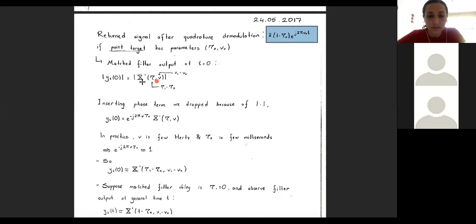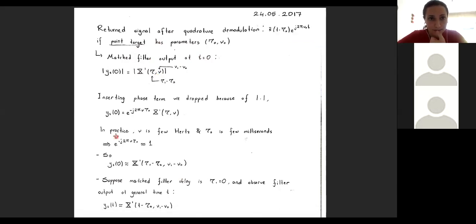We now want to understand this match filtering output in its complex form. So we insert back the phase term we dropped before when we were computing the magnitude.